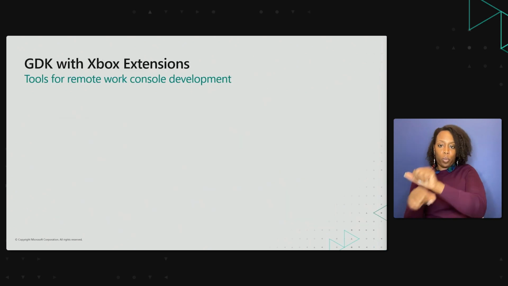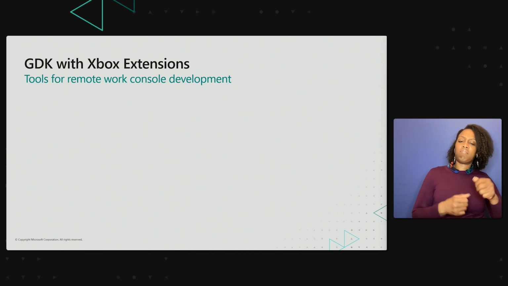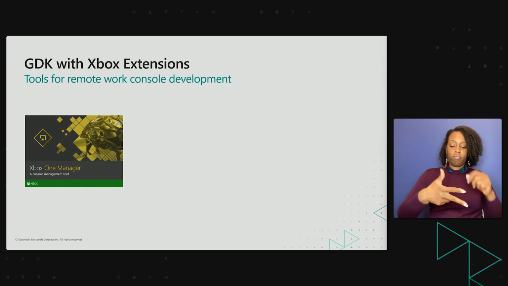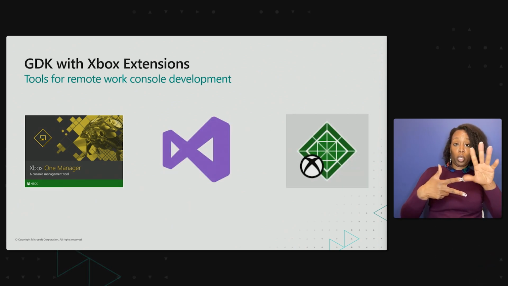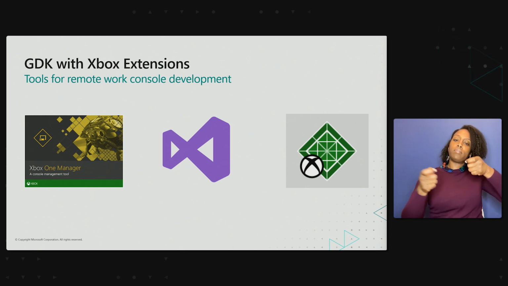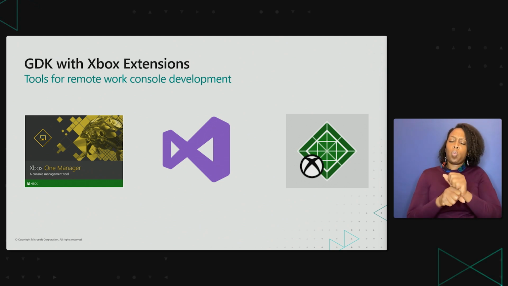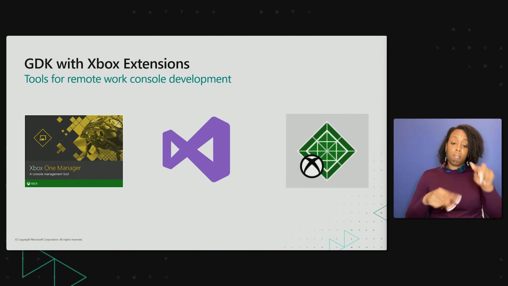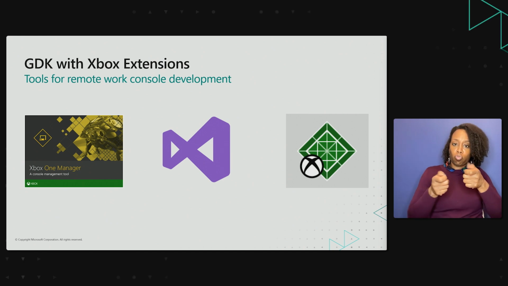The GDK with Xbox extensions offers several tools that support remote console development. Today, we'll focus on three: the Xbox Manager, Visual Studio, and Pix. Xbox Manager is a tool used for remotely managing your consoles. This tool supports several common workflows, such as setting up groups of consoles, deploying titles, monitoring consoles, interacting with them remotely using virtual controllers, and so on.